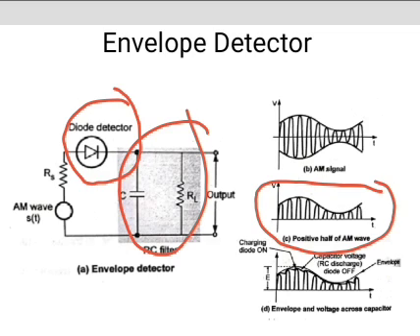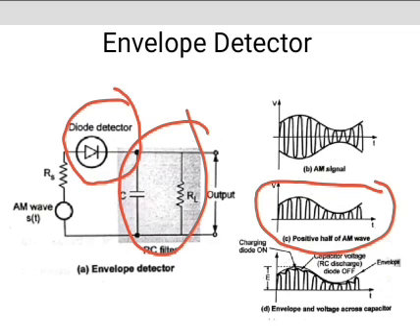Let us see how the RC filter responds to the positive half of an AM wave. On the positive half cycle, the diode is forward biased and the capacitor C charges up fast to the peak value of the input signal.